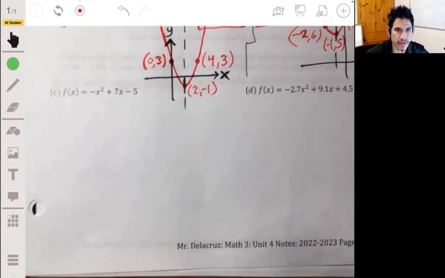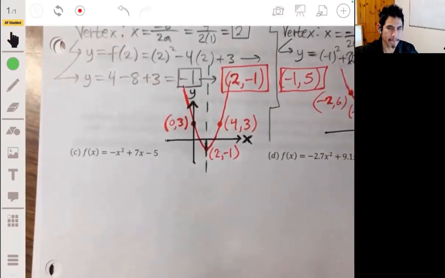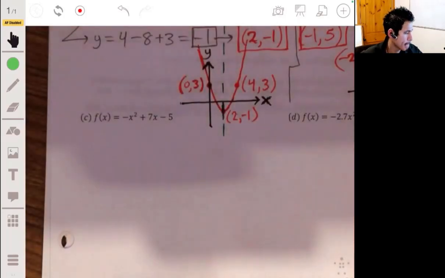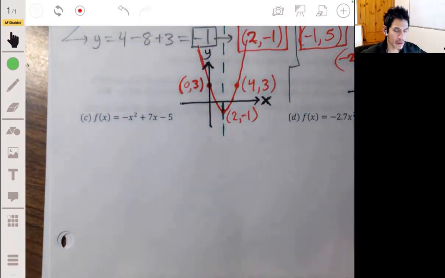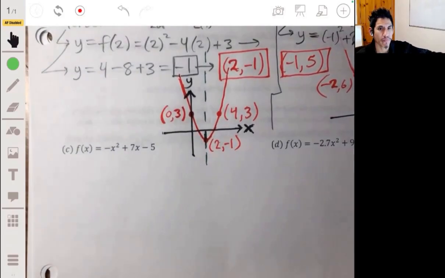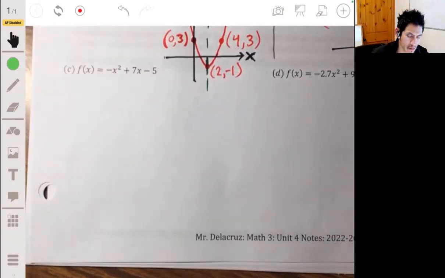Let me just try to zoom in on this a little better. Maybe zoom out. The lighting here is not good. Right, here we go.